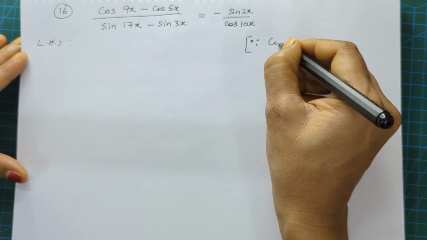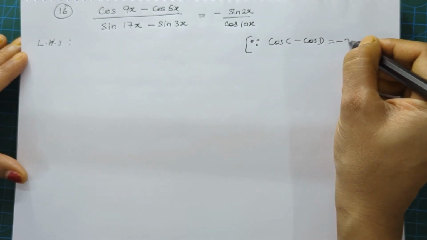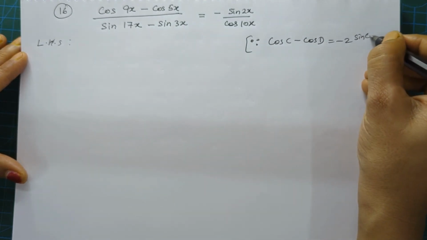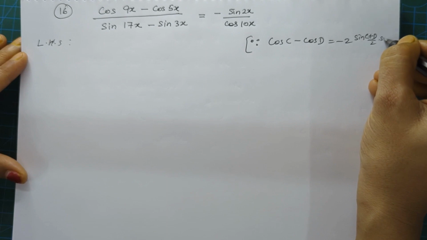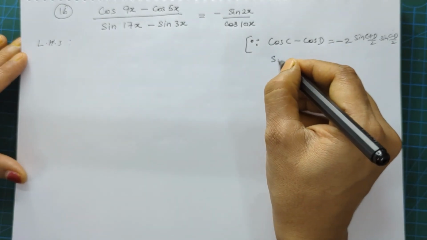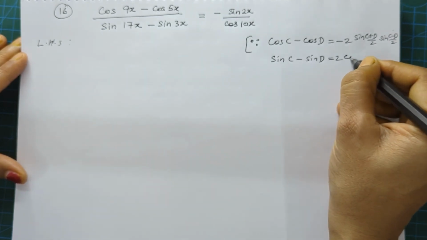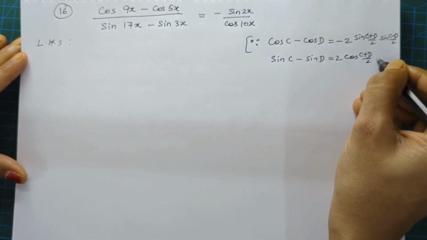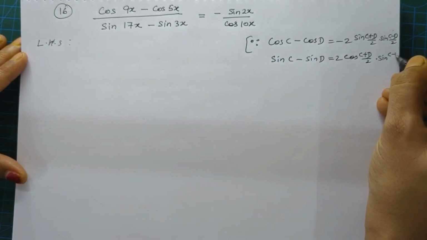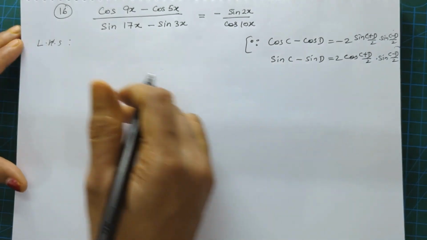Since cos c minus cos d is negative 2 sin c plus d by 2 sin c minus d by 2 product form, and sin c minus sin d is twice cos c plus d by 2 times sin c minus d by 2. So these two identities we are using in numerator and denominator.